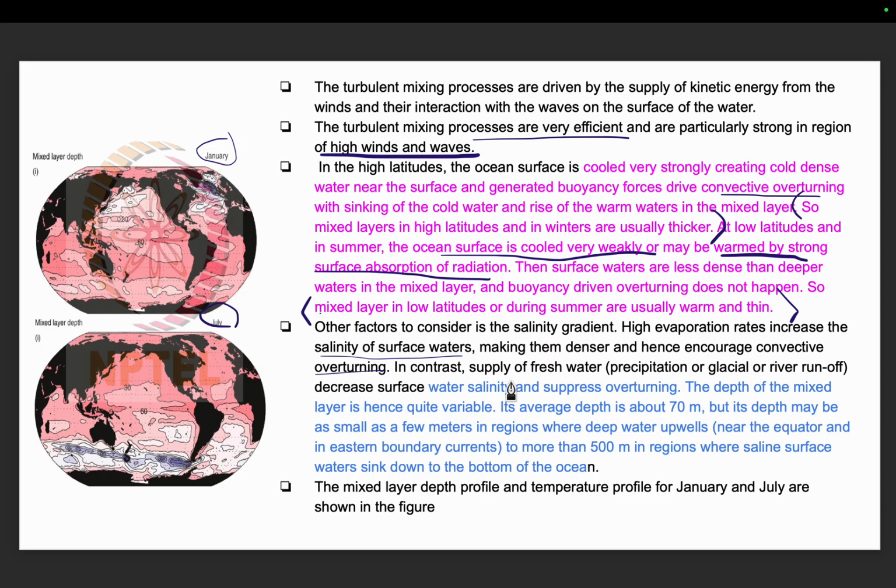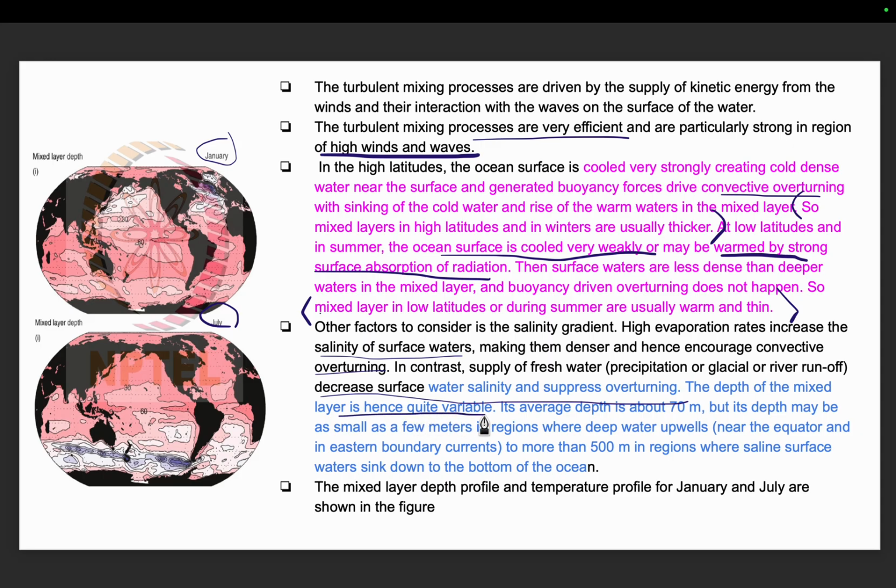In contrast, supply of fresh water, that is precipitation, glacial melt or river runoff, decreases surface water salinity and suppresses overturning. The more saline water contains more salt and is denser, so it will go deep. The depth of the mixed layer is hence quite variable due to salinity also.